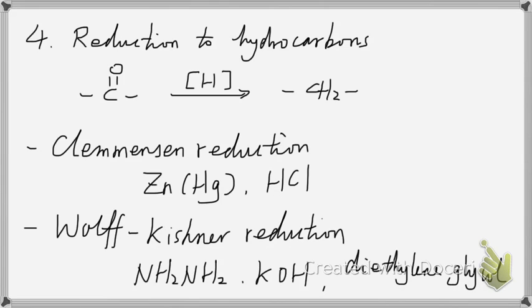Both of these reaction conditions can convert a C=O double bond to CH2. The difference between them: Clemmensen reduction is under acidic condition, it uses HCl, while Wolff-Kishner reduction is under basic condition, it uses KOH.